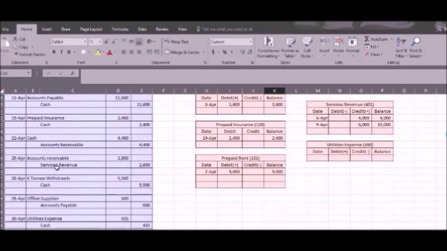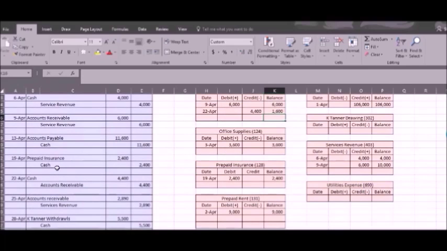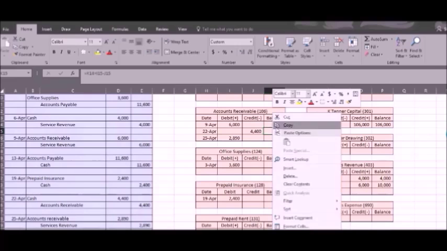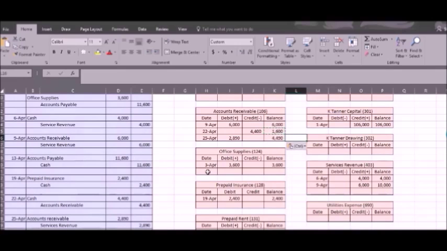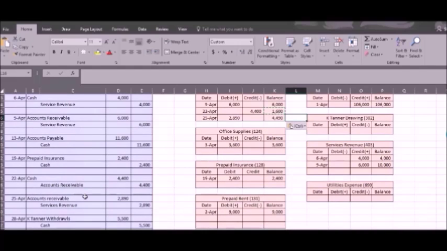Now, on the 25th, we're selling things on account again. We're selling $2,890 worth of stuff on account. I can do just like I did with cash: copy this formula and paste it. So there's the debit to accounts receivable.